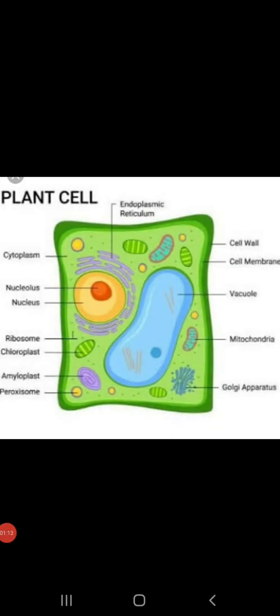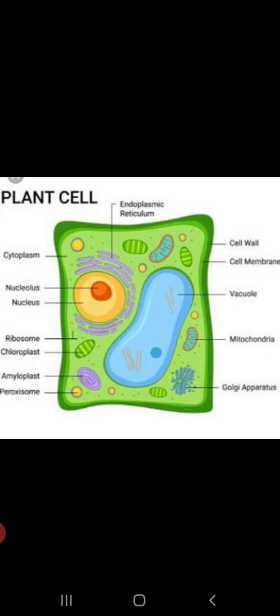Now, as we have studied about the basic structure of the cell, we will go ahead and study the comparison between the plant cell and animal cells. Before we go ahead, children, in the Zoom class, I did inform you all that on page number 114, the diagram that is given for plant cell is wrong.